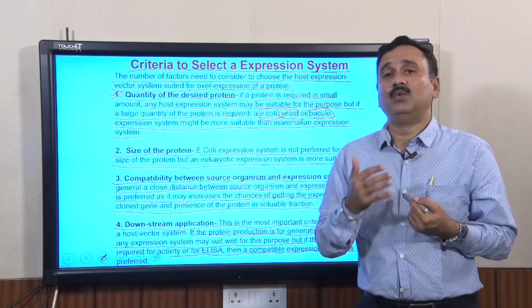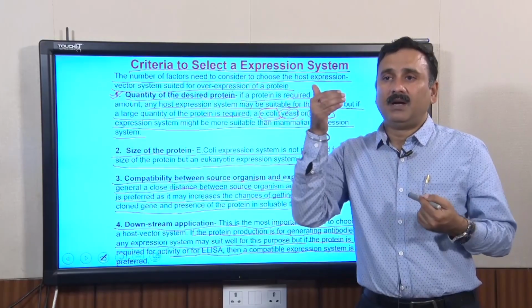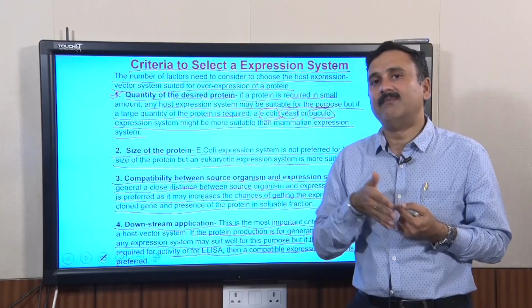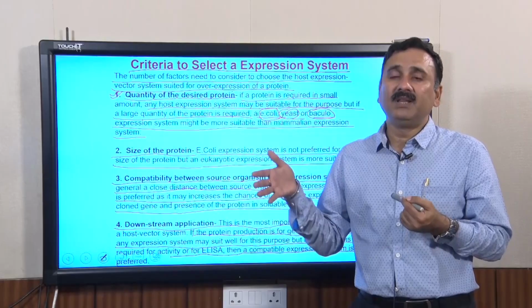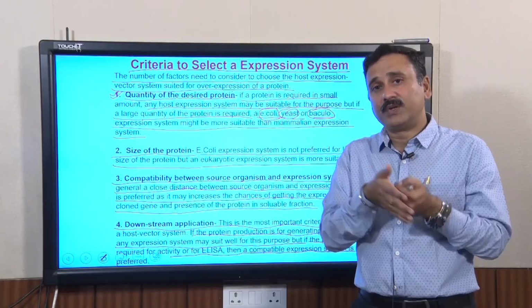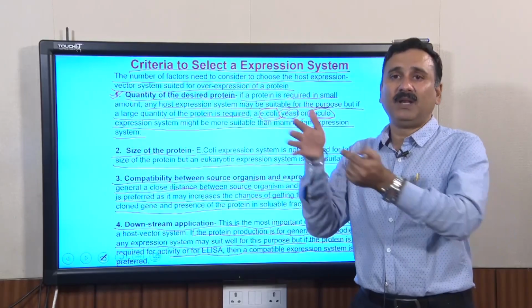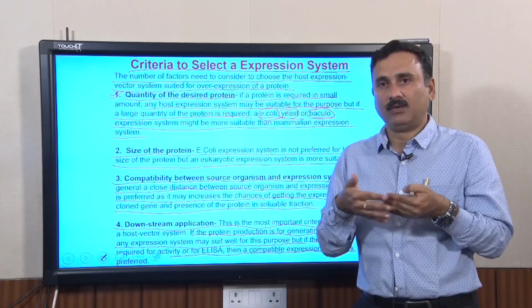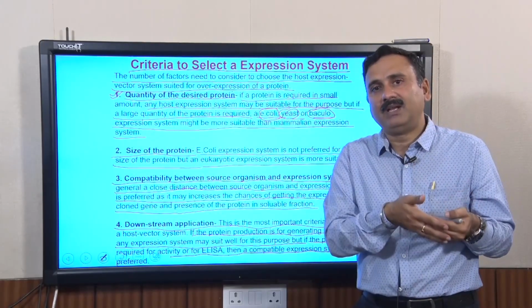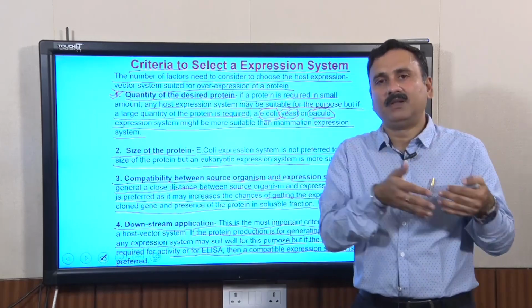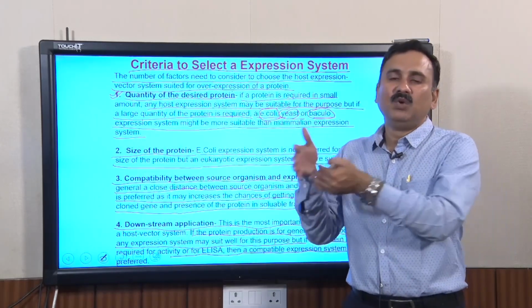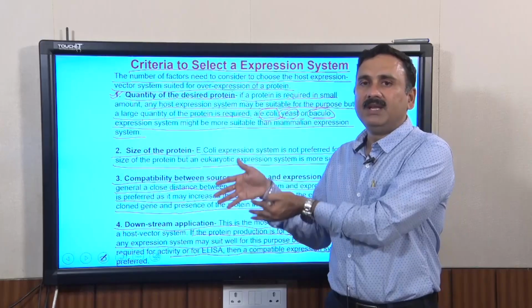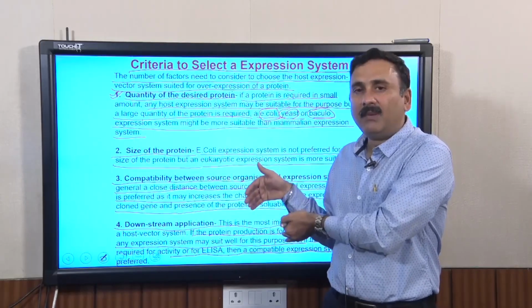In those cases you have to use a host which is very compatible with the protein, which means you have to choose the host expression system closely associated with the protein. If it is bacterial you have to use E. coli, and if it is a eukaryotic protein you have the choices of using yeast, baculovirus or the mammalian expression system.